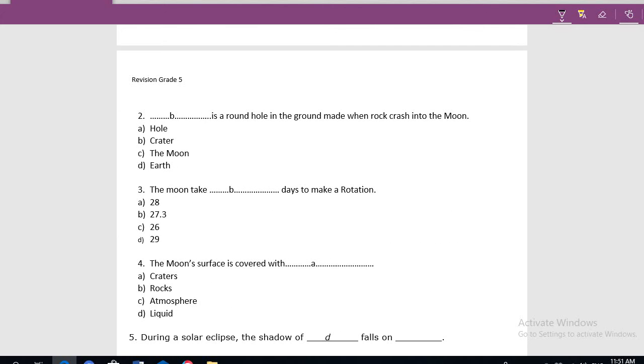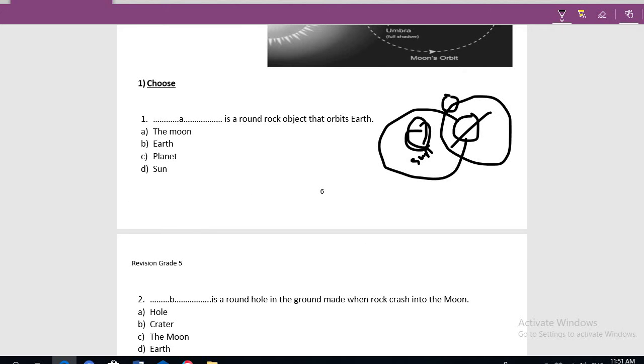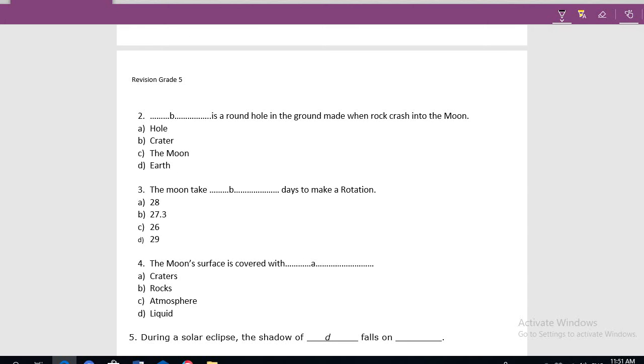A round hole in the ground made when a rock crashes into the moon. On the surface of the moon there are round holes that happen when a rock crashes into the moon. This is called a crater.